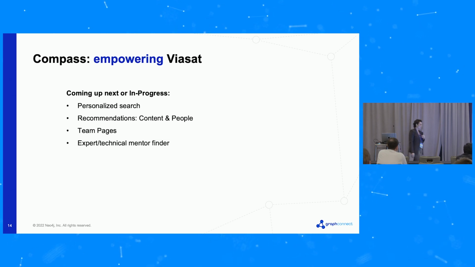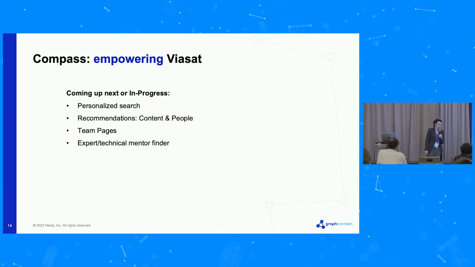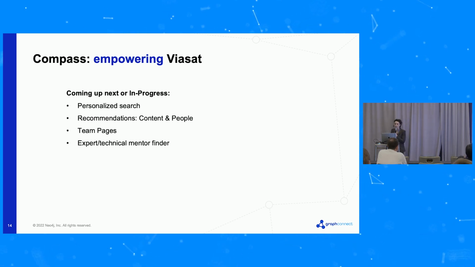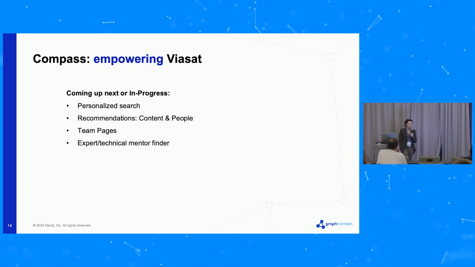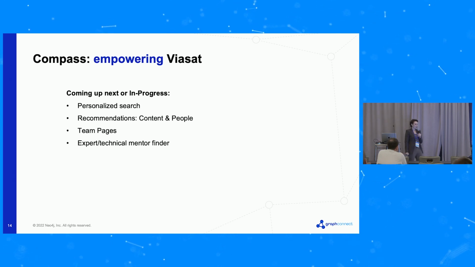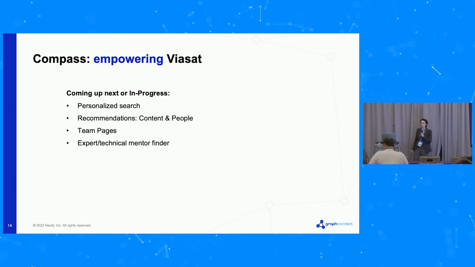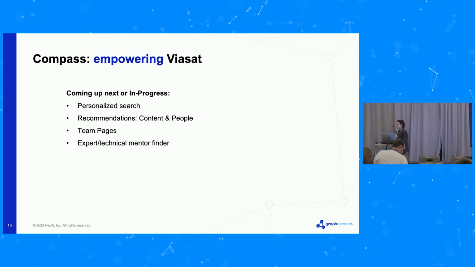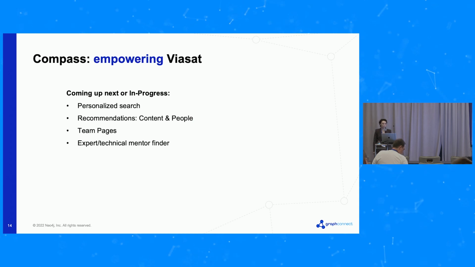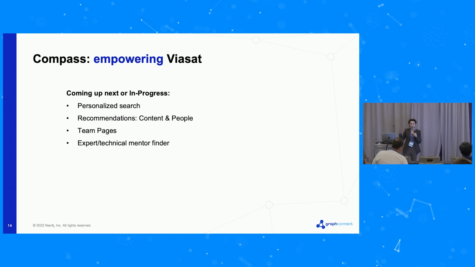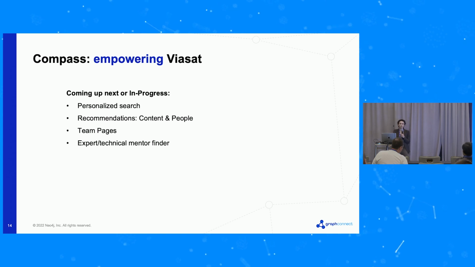This has been a big pain point for us, and our preliminary user research has shown us that we definitely need to create an expert and technical mentor community. And so we're doing a lot of stuff in this space. I'm part of an effort where we're establishing an engineering boot camp, for example.